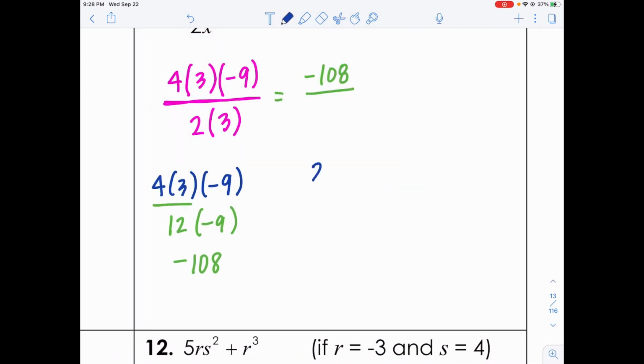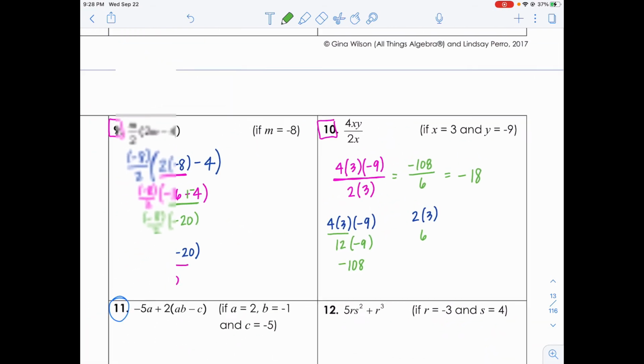So for the bottom, it was 2 times 3. Order of operations, so I only have multiplication to do here. 2 times 3 is 6. So 6 goes back up here for the bottom. Now I have a negative 108 divided by 6. A negative divided by a positive means that my answer will be a negative, and 108 divided by 6 gives me 18. So it is a negative 18 when I simplify.